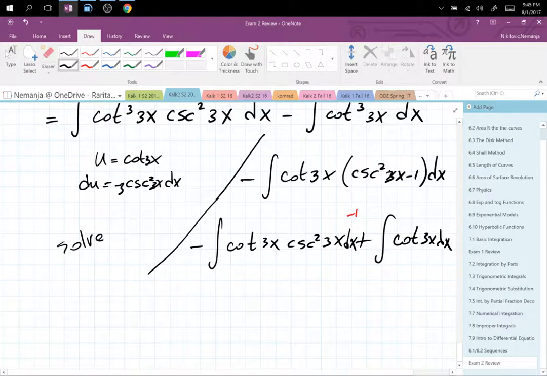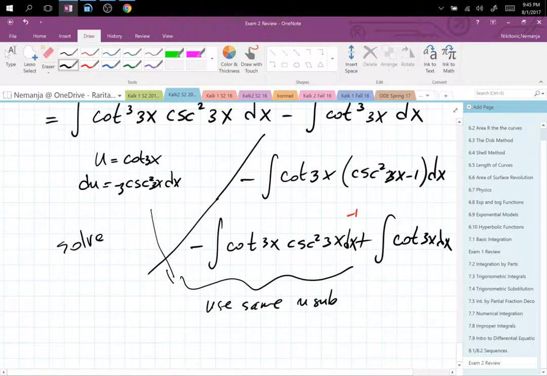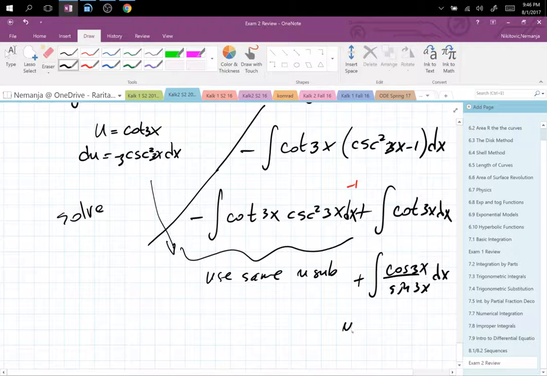Now this integral over here, use the same u sub, and this one at the end is easy because it's cosine 3x over sine 3x dx, so it's a u sub where u is equal to sine 3x, and du is equal to 3 cosine 3x dx.